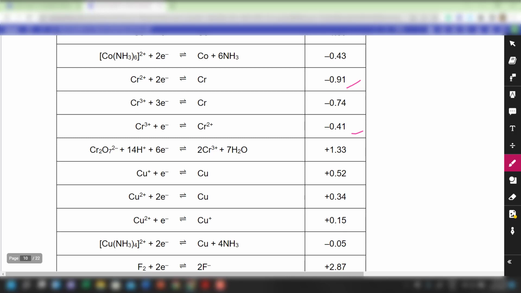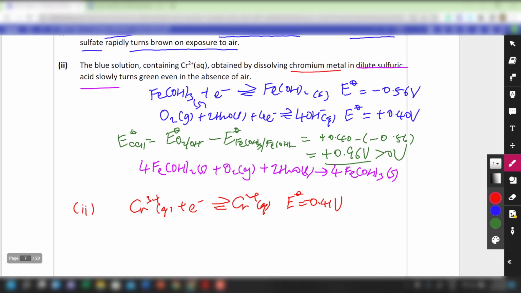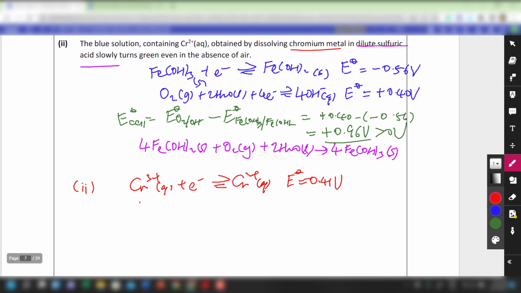We can ignore this first, but if you wish to, you can, because the chromium metal is first oxidized to chromium(II), as given here: dissolving chromium metal. So Cr2+ aqueous plus 2 electrons gives Cr solid, and this is minus 0.91 volts.